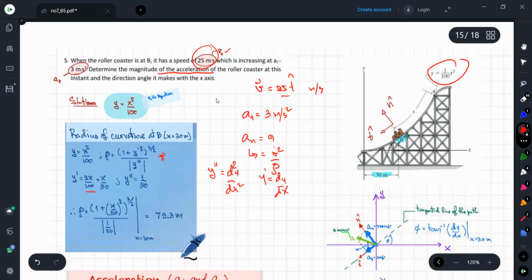We take the first derivative of y, we got this term, and the second derivative of y with respect to x gives a constant.